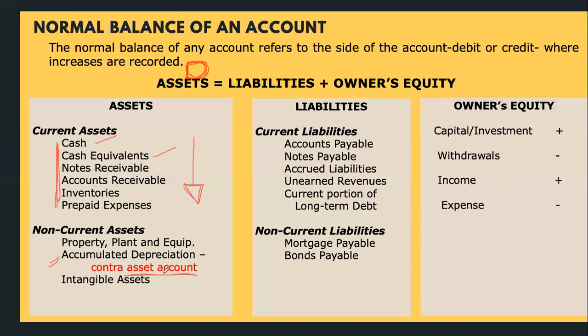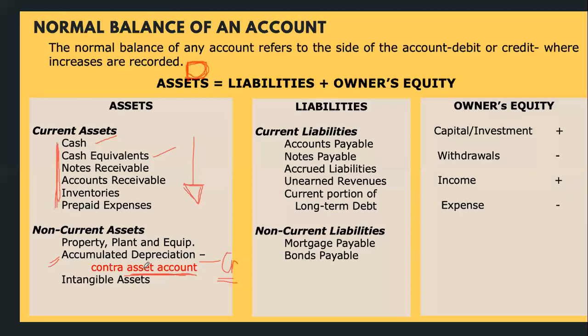Contra asset account means it offsets the asset; it deducts from the balance of asset. Therefore, the normal balance of your contra asset account, accumulated depreciation, is credit. So every time you credit accumulated depreciation, it decreases the balance of property, plant, and equipment because again, it's a contra asset account. So this is somewhat an exemption. It is under assets, but it is considered a contra asset account.